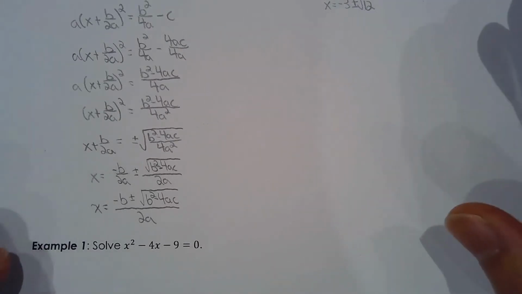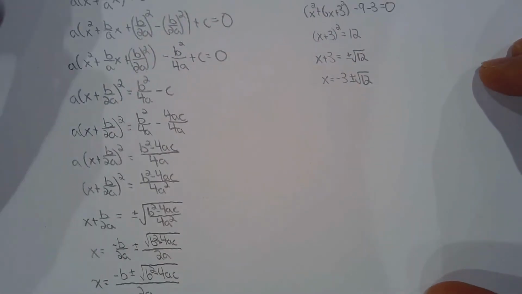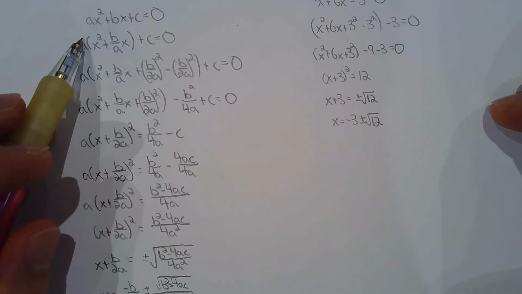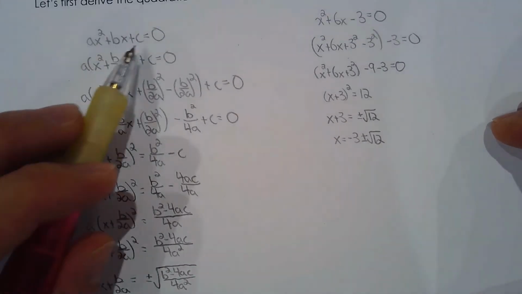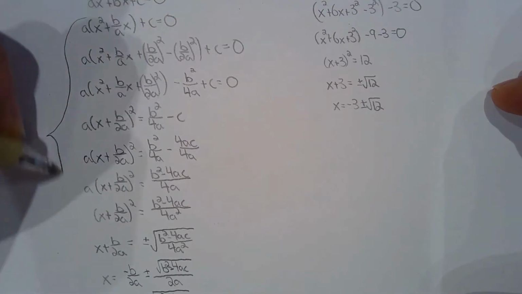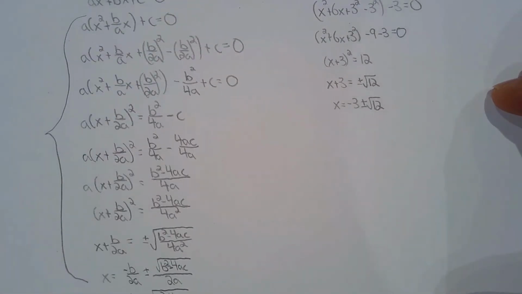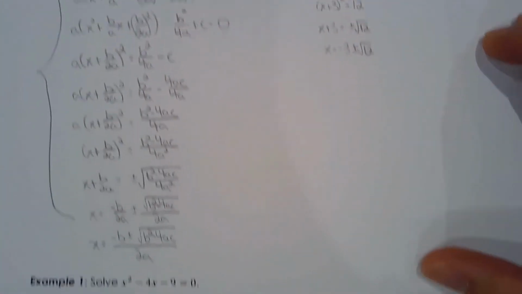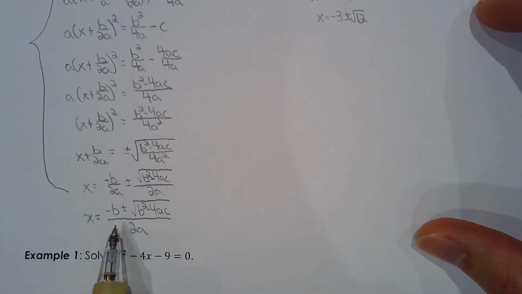It allows you to bypass all these steps. If you have a quadratic equation given to you in the form of ax squared plus bx plus c equals 0, instead of doing all these steps, which is essentially completing the square and then rearranging the equation and isolating for x, you could just jump to the final step. Okay? That's what the quadratic formula allows you to do.